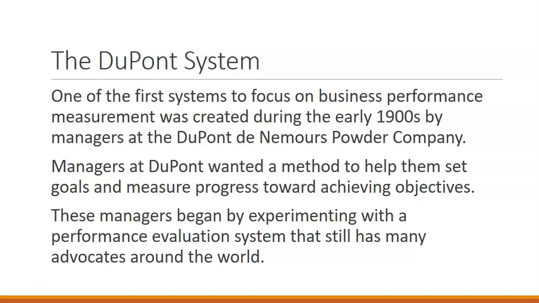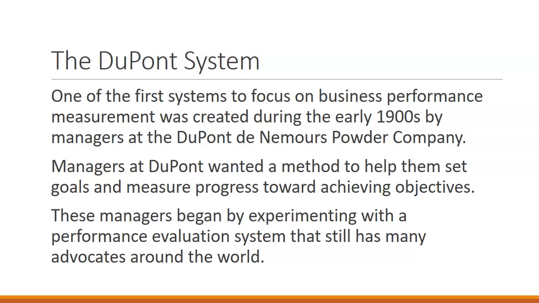The DuPont system is one of the first systems that was ever created to measure business performance. They wanted a method of measurement to help them set goals and measure progress. They looked at performance evaluation systems, and those systems are still being used today.